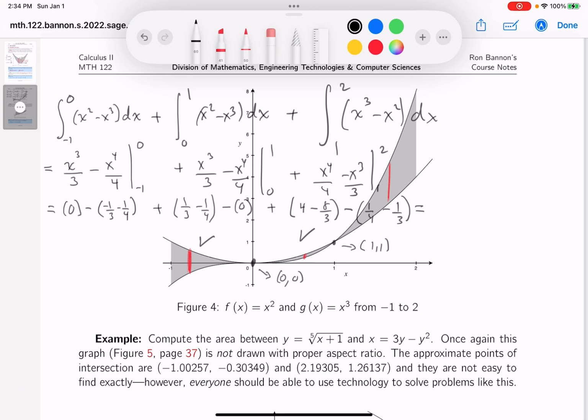I'm going to start to write it down, though, and just moving left to right. What do I see? 1/3 plus 1/4. All right, I'm moving in this direction, by the way. Plus 1/3 minus 1/4. Again, I'm moving in this direction. What do I get now? Plus 4 minus 8/3 minus 1/4 plus 1/3.